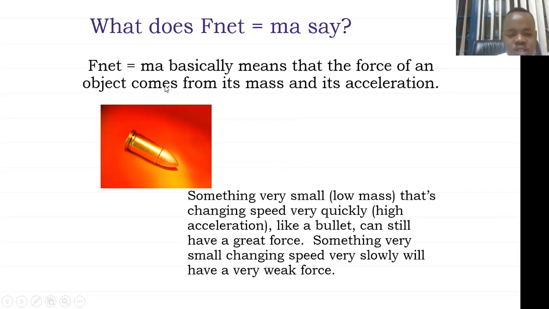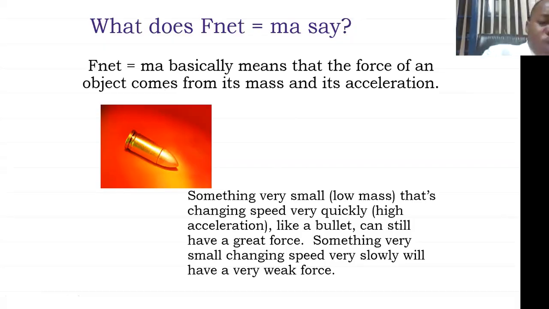And the reason we know it's going to be high is because its velocity changes very quickly. When you look at bullets, they can go at a velocity of 200 meters per second.